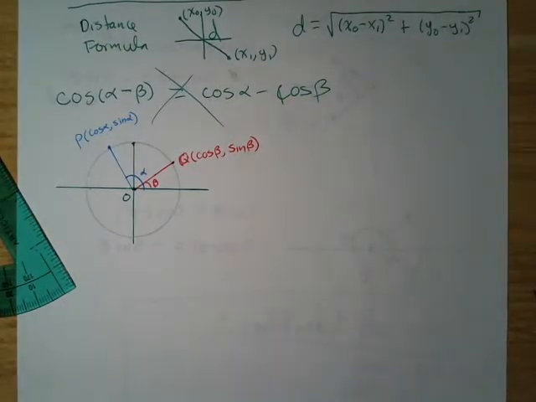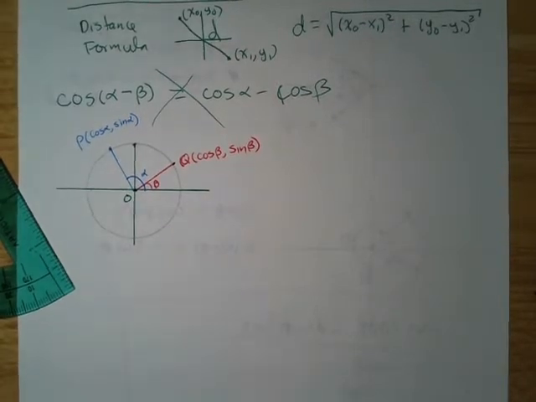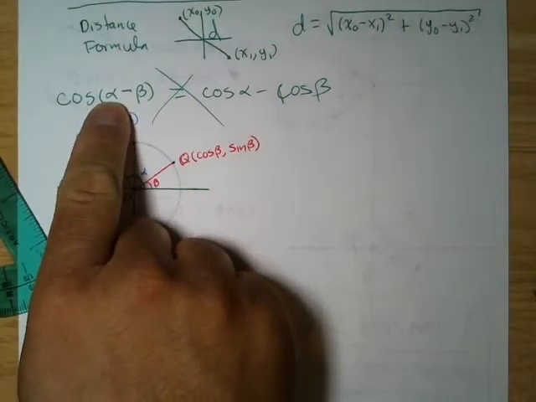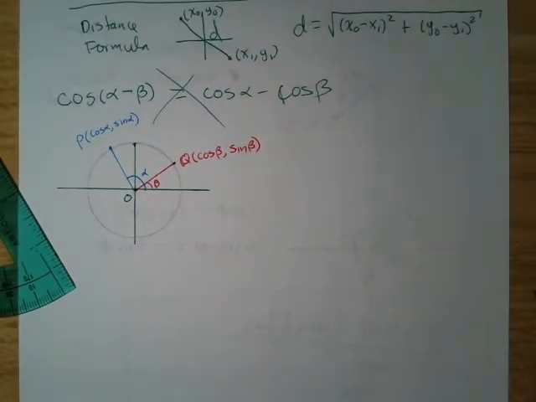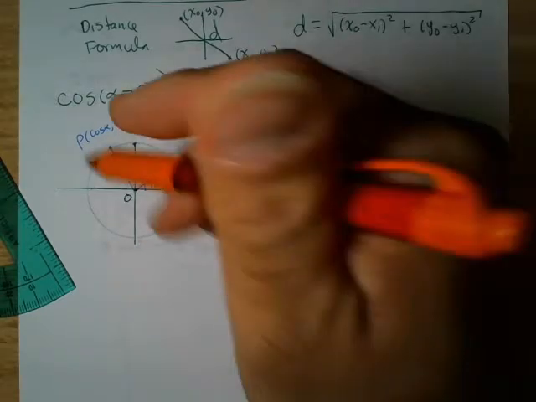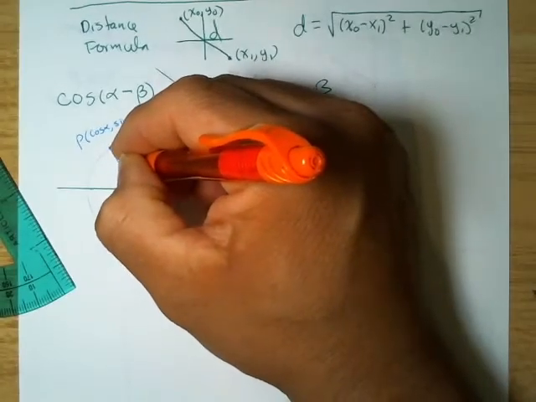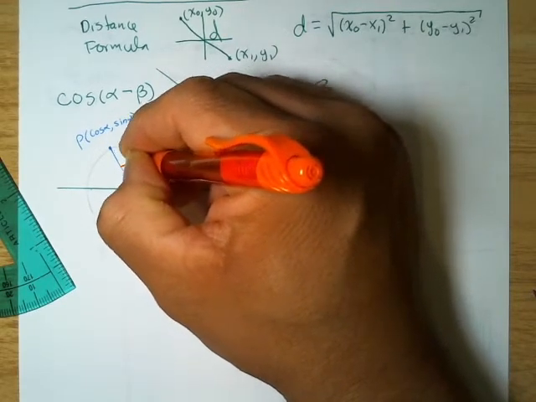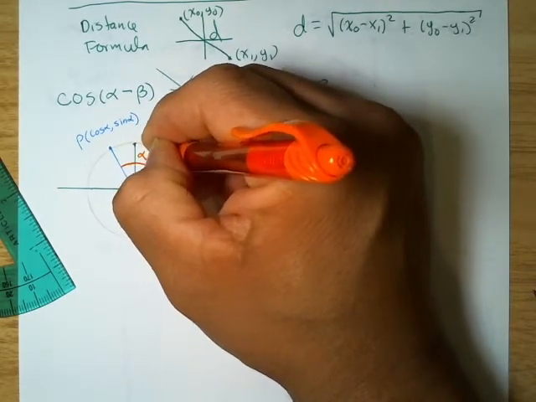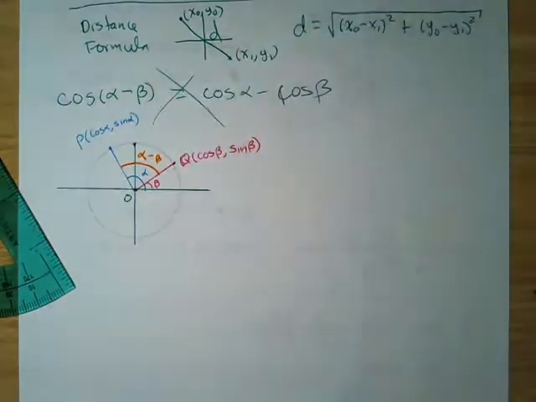Our goal here is to find the difference alpha minus beta. Graphically, that means that in our graph, what we're looking for is this angle here. That angle would be classified as alpha minus beta.